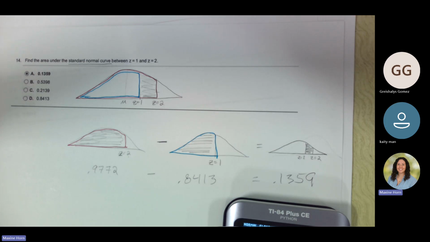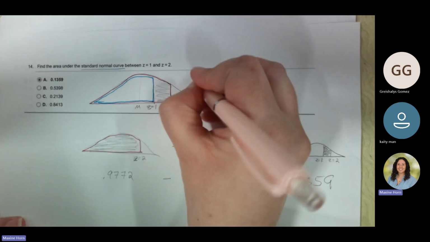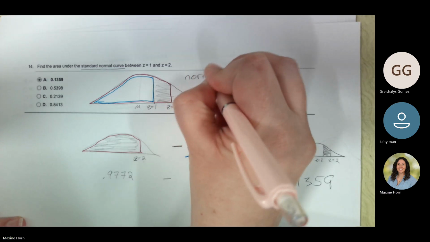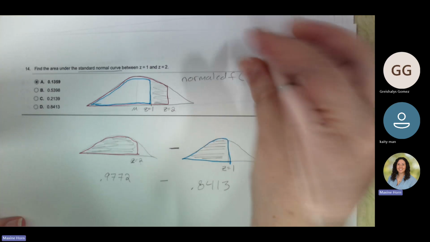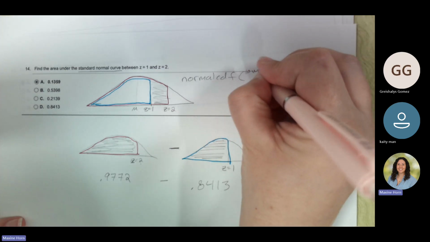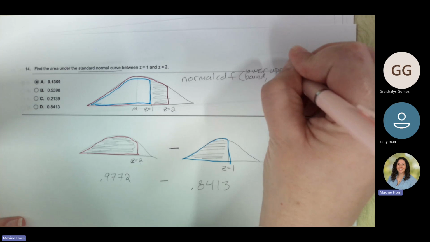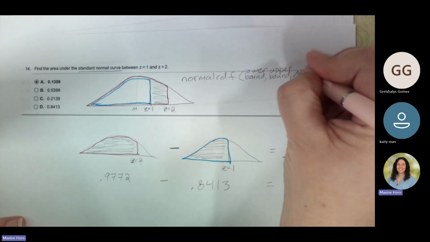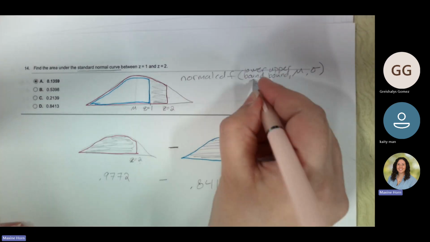So remember, another option that you can absolutely do is the calculator, right? Let's do this in the calculator. So if we're going to do normal CDF, we have our lower bound, we have our upper bound, we have our mean, and we have our standard deviation. Okay, what's our lower bound going to be?